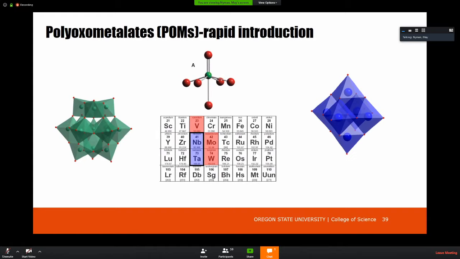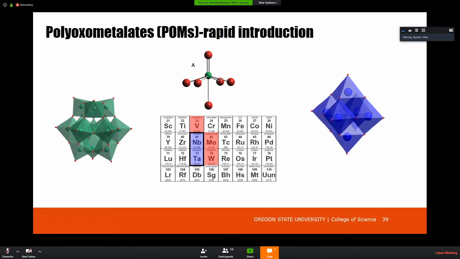So like uranium, they form this multiply bonded oxo that is inert to linking or bridging or reactivity, but only one, not two.